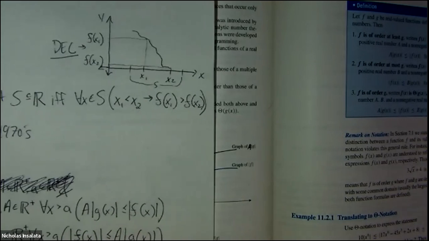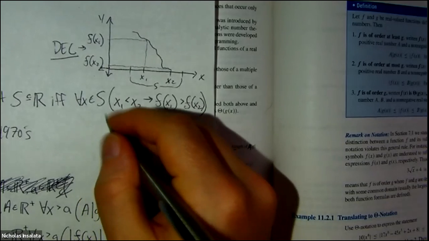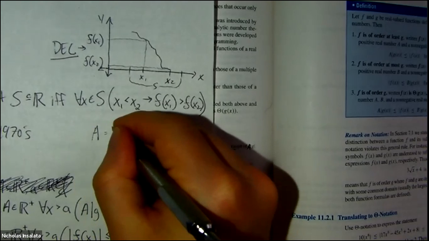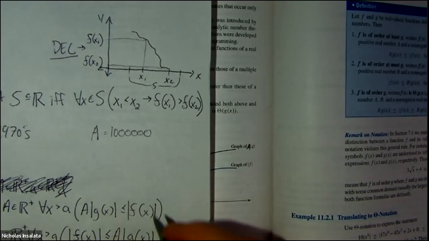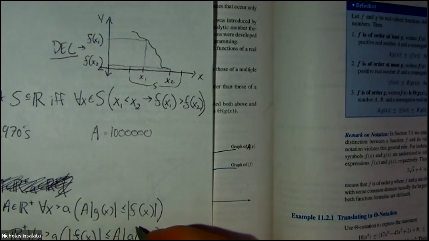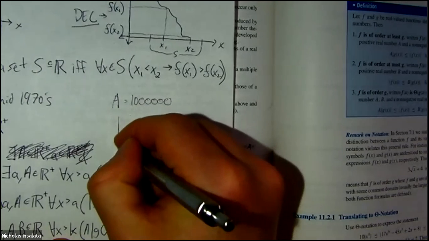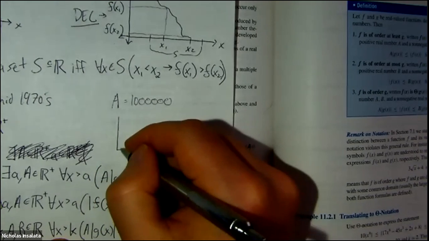So what if I say I want my big A to be a million? Let me make a little picture here. So let's say that A is equal to a million.